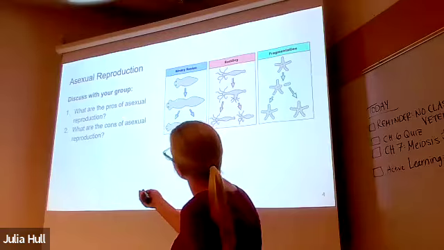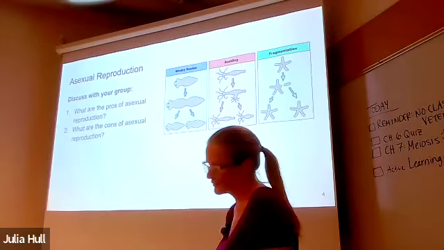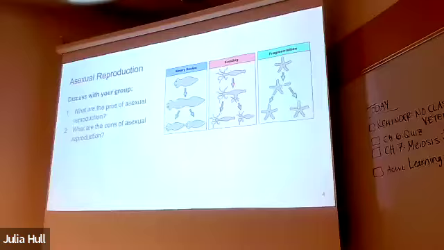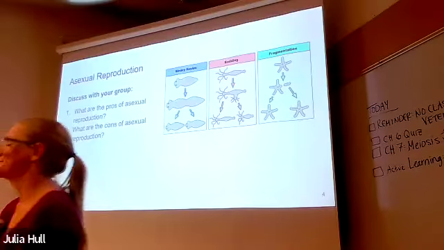All right, what do you guys think? What are the pros of asexual reproduction based on what you just learned? Yeah, so you're independent. You don't need anybody else. A con might be if you have a mutation, especially a harmful one, that's going to stay in the population until it gets selected out, and then you decrease your fitness.